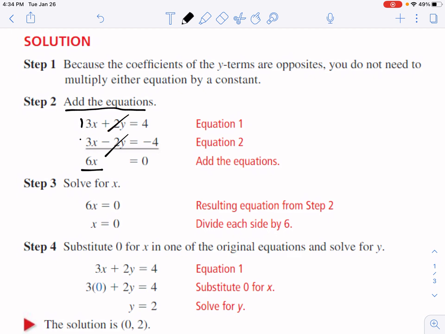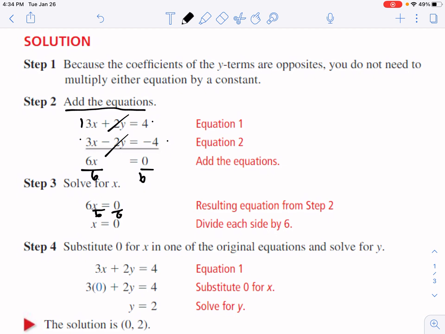They go away, they eliminate. So once we get rid of that, instead of having x and y, now we're just down to one variable, in this case, x. Then, of course, if we add 2y and negative 2y, that would give us 0, okay? Then it just turns into solving for x. Well, I would divide both sides by 6, okay? That's what they're doing here.